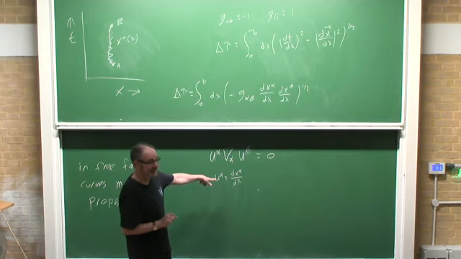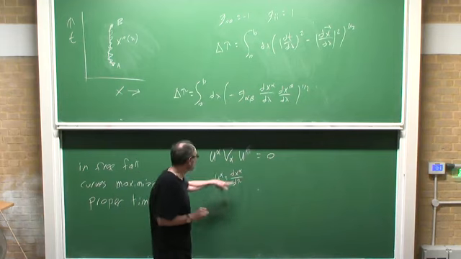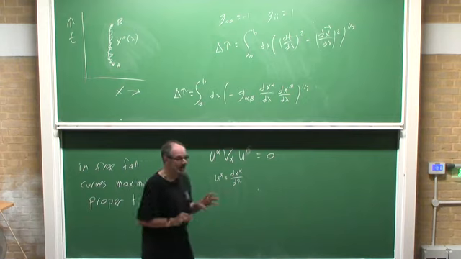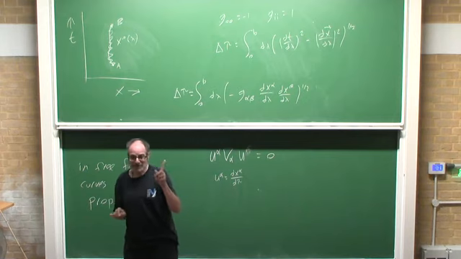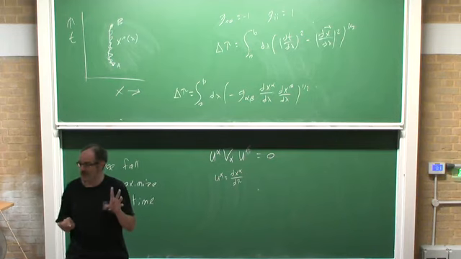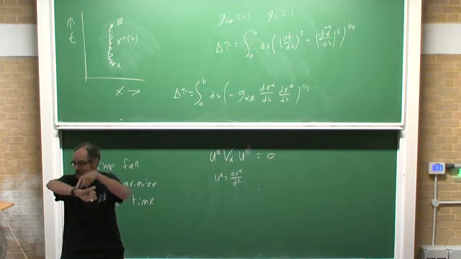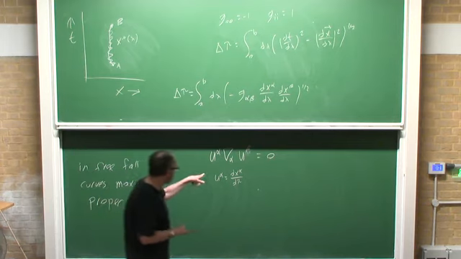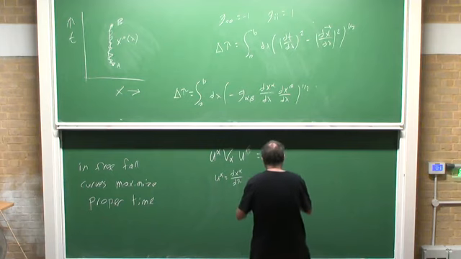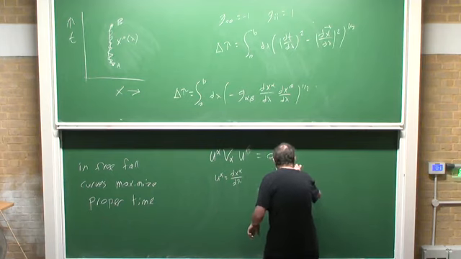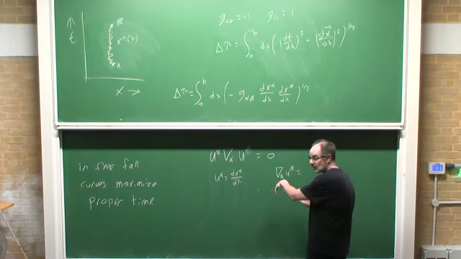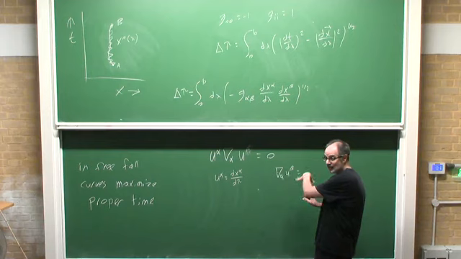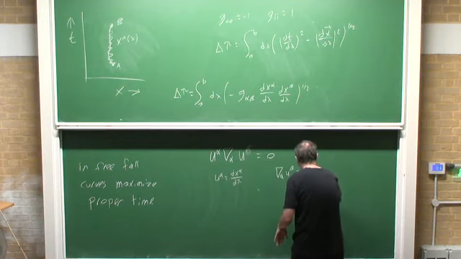So u^α is the tangent vector to that curve, but not just any tangent vector, it's the unit tangent vector. In other words, the parameter now is not just any old parameter, it's the actual elapsed time on the clock. And this ∇_α has one piece that's just plain old ordinary derivative with respect to the coordinates.